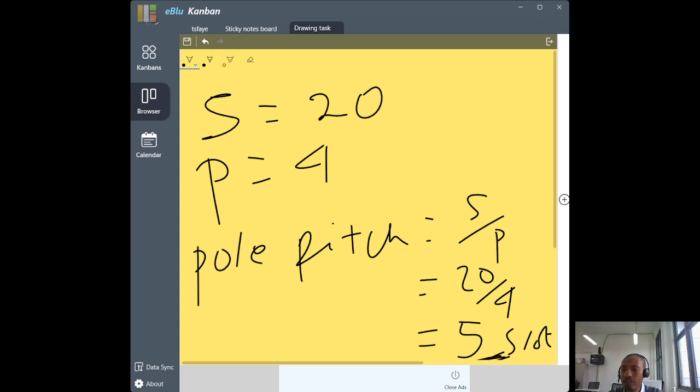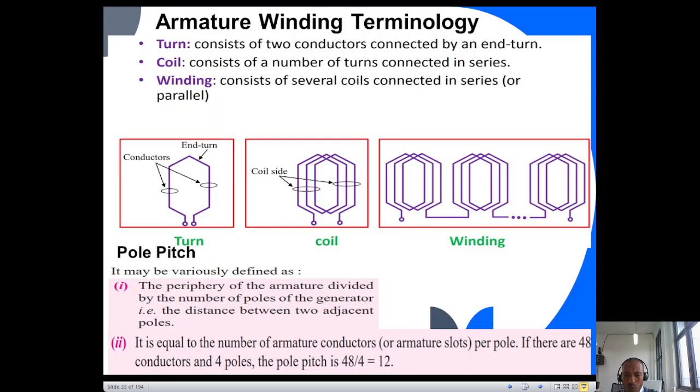So when we say pole pitch, we mean the distance from the north pole to the south pole, or from one coil side to the other coil side.